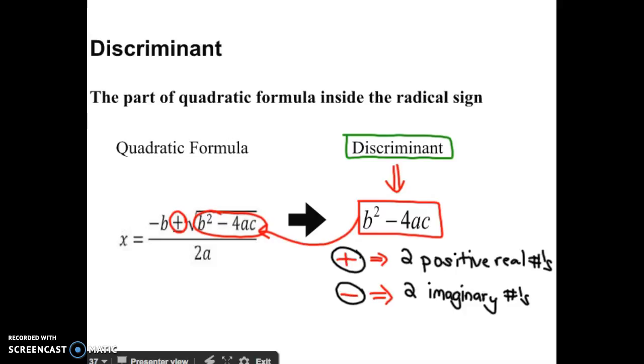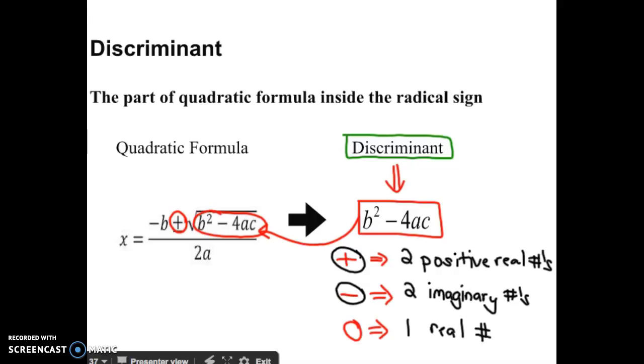The last one: if you don't have a positive and you don't have a negative, the only other number you can have under a radical is 0. So when you have 0 under the radical, the square root of 0 is 0. So even though you have a plus and a minus, you are adding 0 and subtracting 0, which creates the same answer twice. So in reality, if you get the same answer twice, you get one real number for an answer.